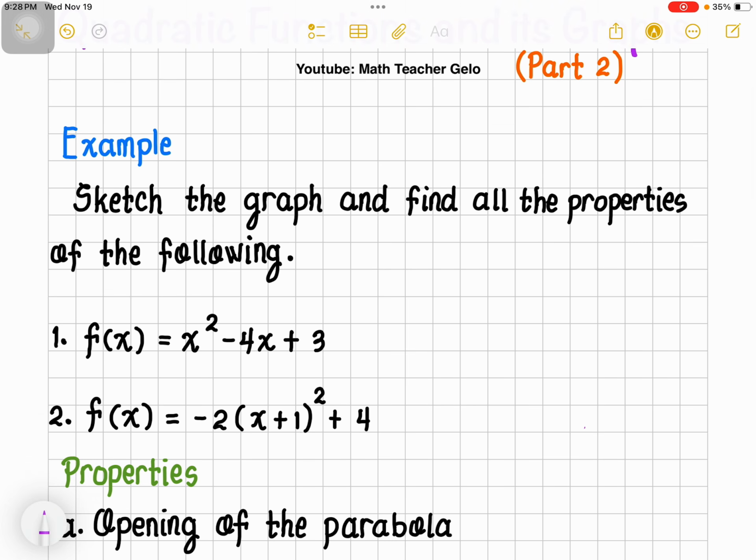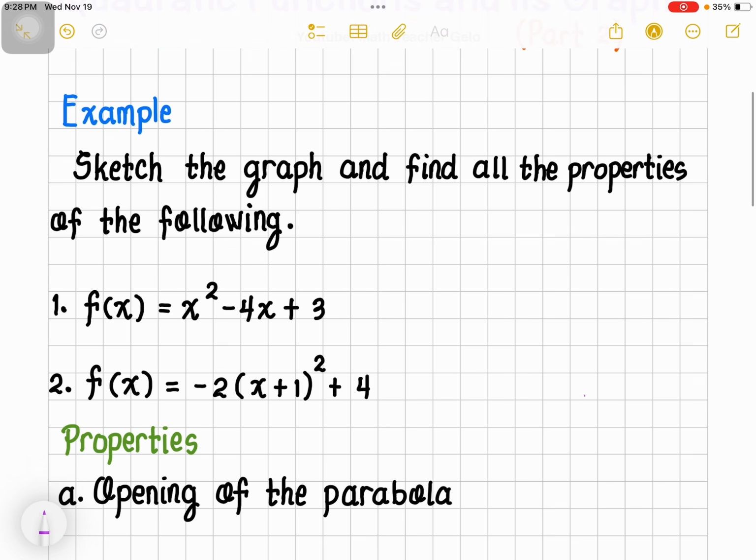The given function is f of x is equal to negative 2 times the quantity of x plus 1 close squared plus 4. So, class, kung mapapansin natin, this is actually written in vertex form. Okay? So, meron tayong vertex form. And yung example number 1 sa number 2 ay magkaiba yan, class.